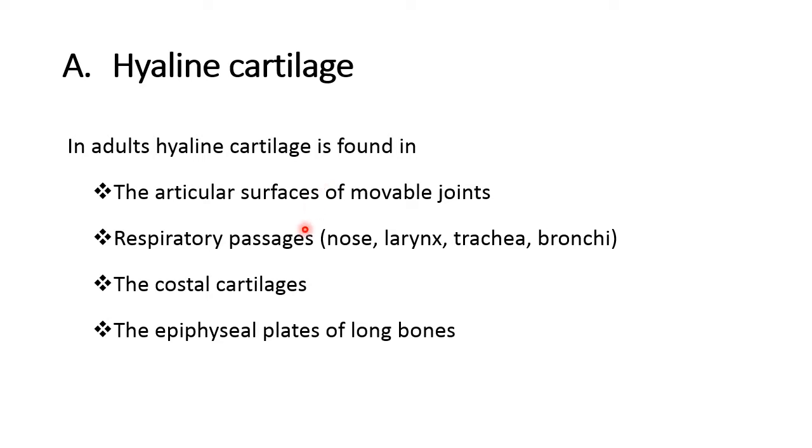So it's found in joints, and in the respiratory passage in the wall of nose, larynx, trachea, and bronchi. The costal cartilages are the ventral ends of the ribs, and the epiphyseal plates of long bones are hyaline cartilage.